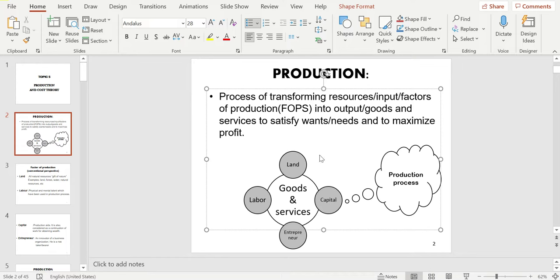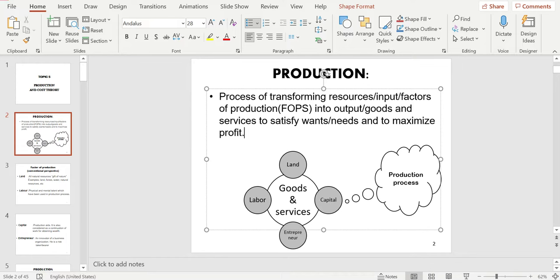This is the raw material. With the combination of this raw material, we produce the goods and services that are needed by the people, by the buyer. So the production process is the process of transforming all these four resources in order to produce the goods and services that are needed by the buyer.